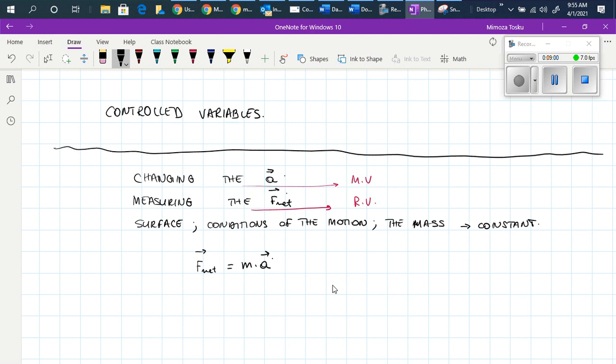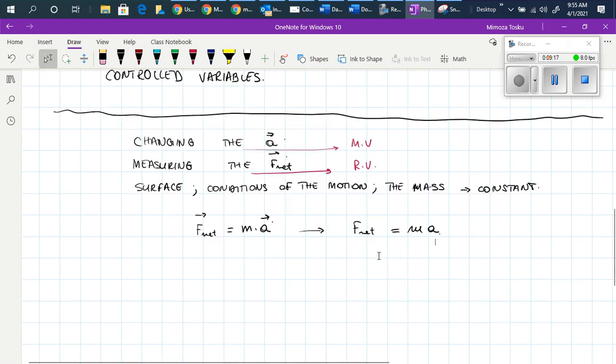Let's ignore the vector sign here because we know now that force net and acceleration are in the same direction. So let's release the expression from the vector conditions.